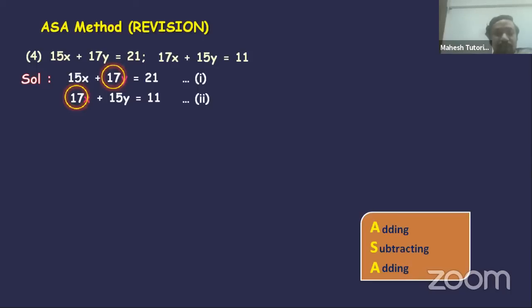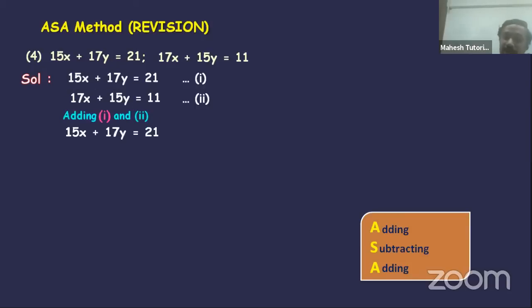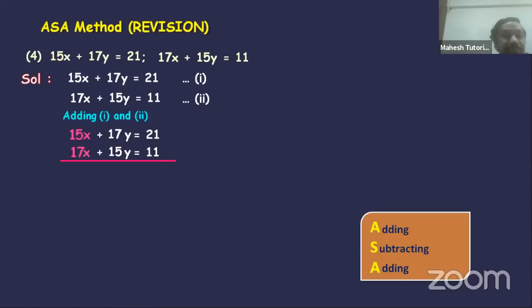So now let us follow the first step out of the three, that is adding. So in the next step, we are going to add equation 1 and 2. So let us write down equation number 1 and then equation number 2. And now we are going to add both the equations. So students, let's start adding the equations. 15x plus 17x will give us how much?